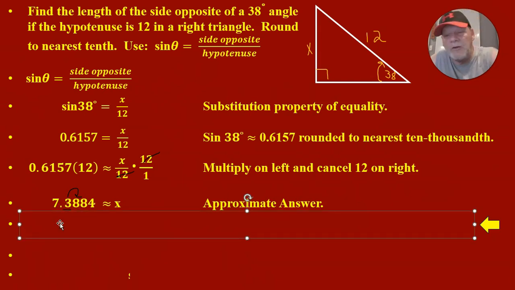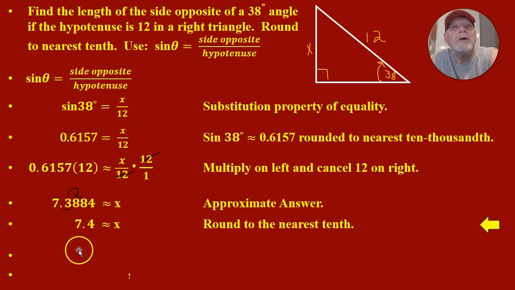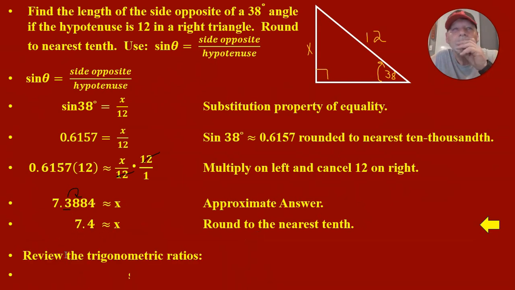Well, 8 is greater than 5, so it rounds to 7.4. And that would be your answer. So I could actually go up here and put an equal sign and put 7.4. And you notice that has been rounded. So since it's been rounded, we really need to put the double curved.